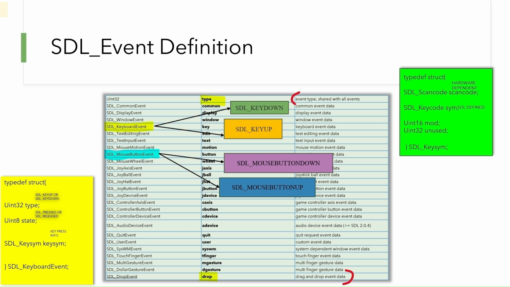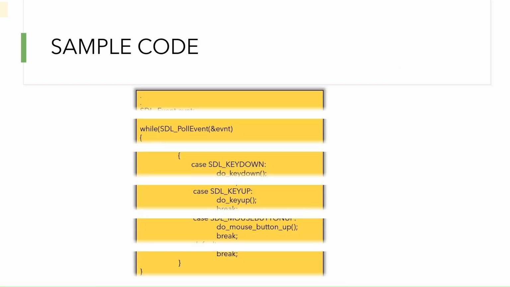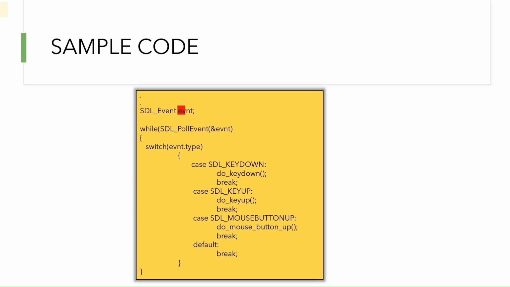Okay. Now let's look at some sample code. Here we have an SDL event type variable declared, and then using a while loop, we're calling SDL poll event, passing as argument the address of the same SDL event type variable. Using the switch construct, we are evaluating the type member of the same variable.